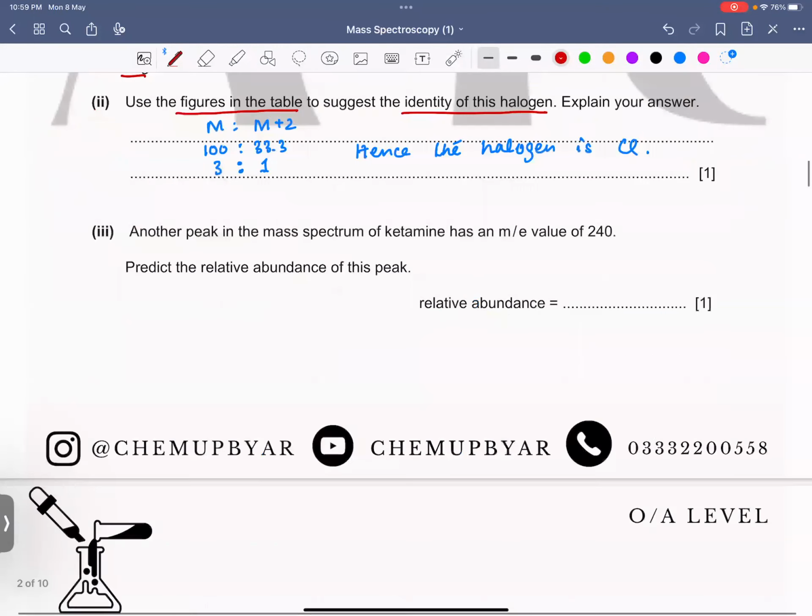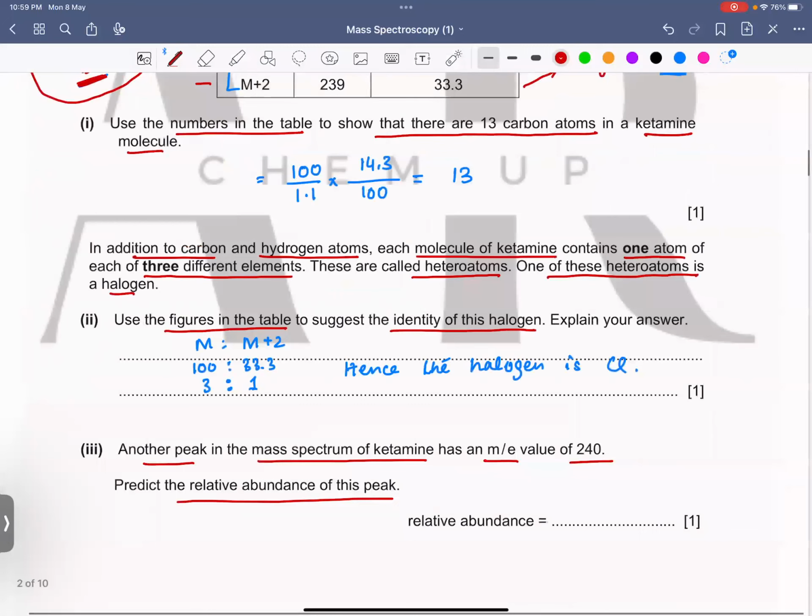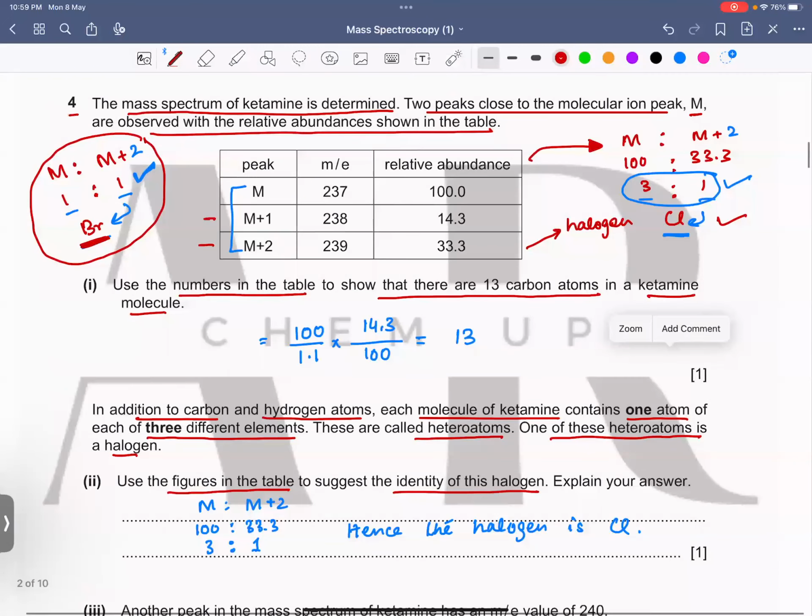Now, next part. Another peak in the mass spectrum of ketamine has an m/e value of 240. Predict the relative abundance of this peak. If it's 240, then it means it would be the m+3 peak.